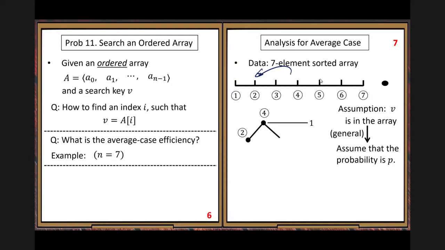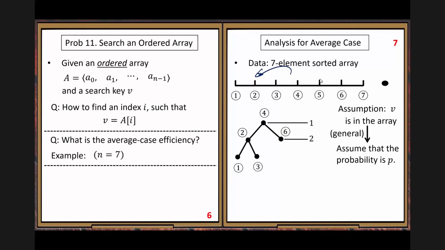When we go to the right subtree, the root of the right subtree is node number 6. And for these 2 nodes, we need 2 comparisons. If V equals one of these 2 elements, we need to do 2 comparisons. All right? Then let's move down, left and right.